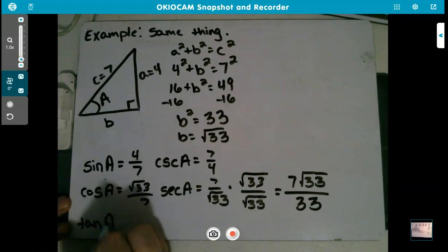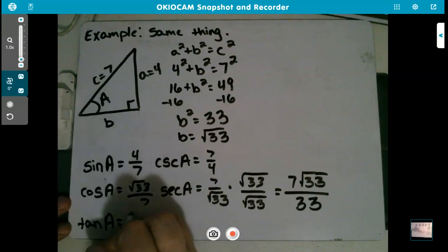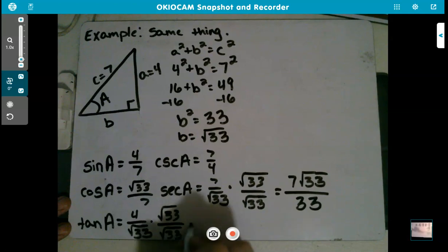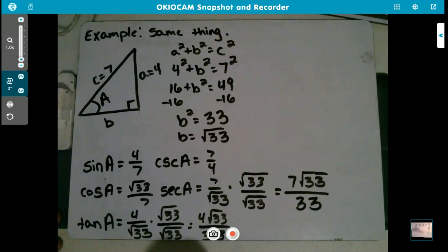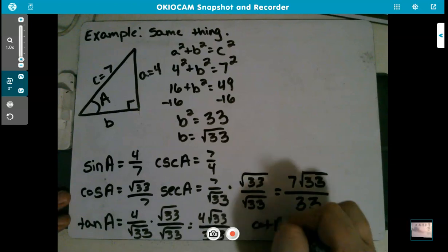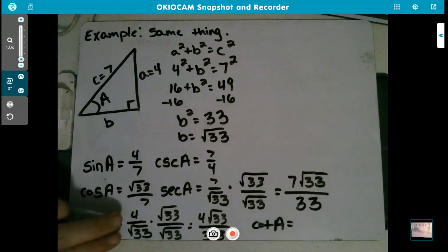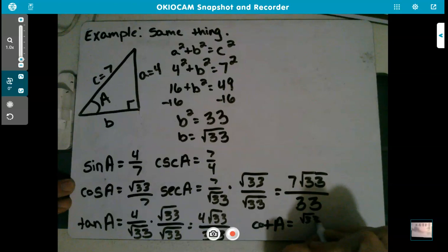Tangent of A is going to be opposite over adjacent. So that's going to be 4 over square root of 33. But again, we don't really like having a square root down there. So multiply by square root of 33 on top and bottom. So 4 square roots of 33 over 33. And then cotangent of that is going to be flipped. Instead of trying to flip this and trying to rework it, I'm just going to flip the one that I had out front and just do square root of 33 over 4.